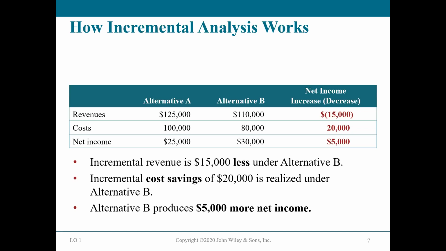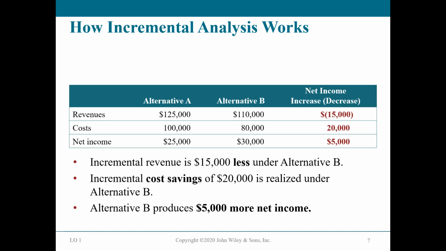So a little visual example here, we have alternative A and B and what the differences are. So we can only do A or B. Which one would be better? So under A and B, revenues would be $15,000 less under alternative B compared to A. So you think, I'm making less money.